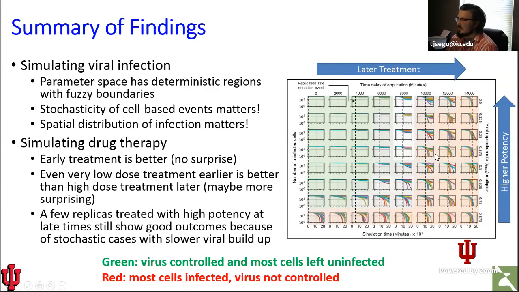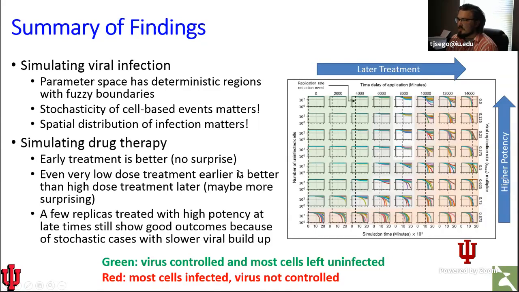Notice this in even some simulation replicas, we get a clear bifurcation where in some simulation replicas the infection would begin to be stopped, whereas in other simulation replicas, you see a very fast decline towards complete widespread infection.